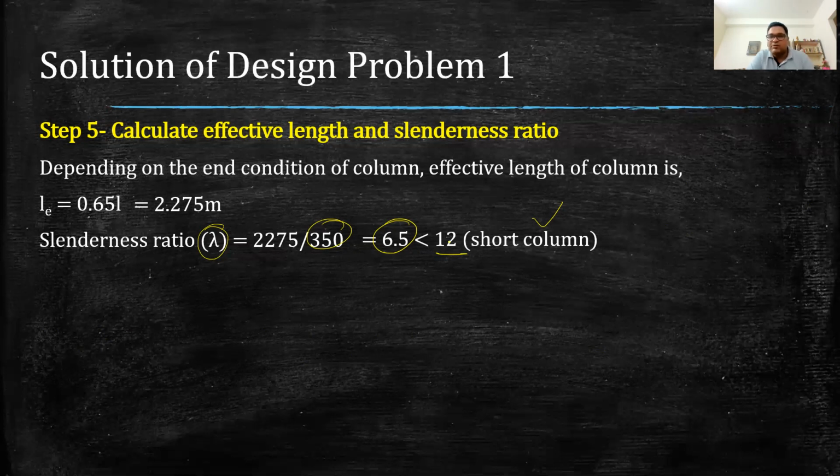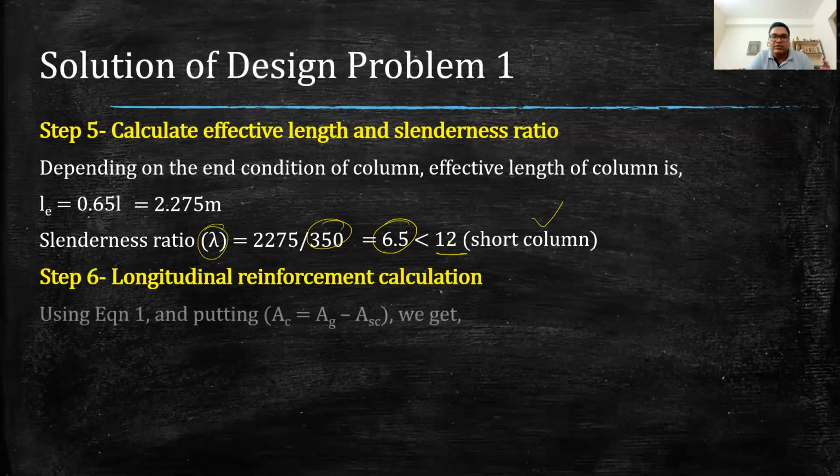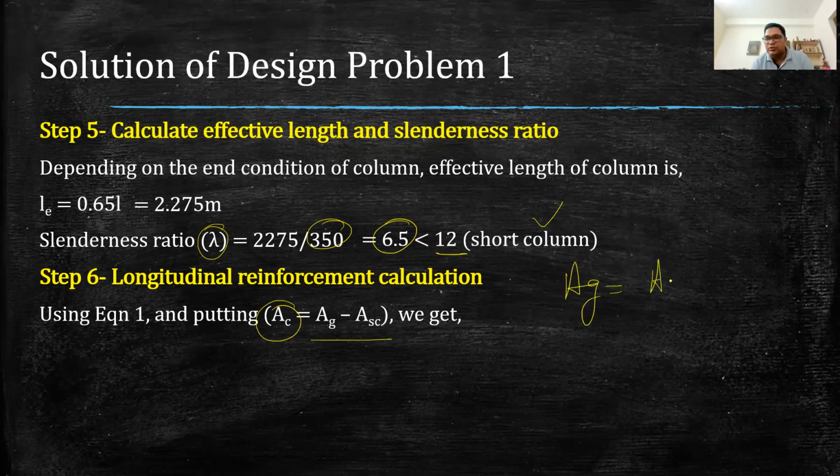We will simply move to the next step to find out the actual area of steel in compression. That we will do again by using equation 1. Now in equation 1, we will put area of concrete equals to Ag minus Asc, because we know that Ag is equal to the sum of Ac plus Asc.